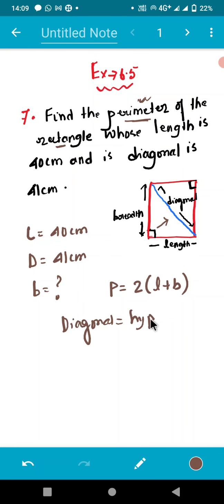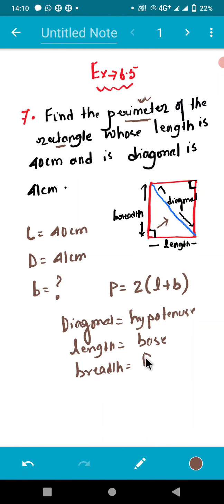Fine. So we'll consider the diagonal as hypotenuse. Okay, and this length as base and breadth as perpendicular. Fine.